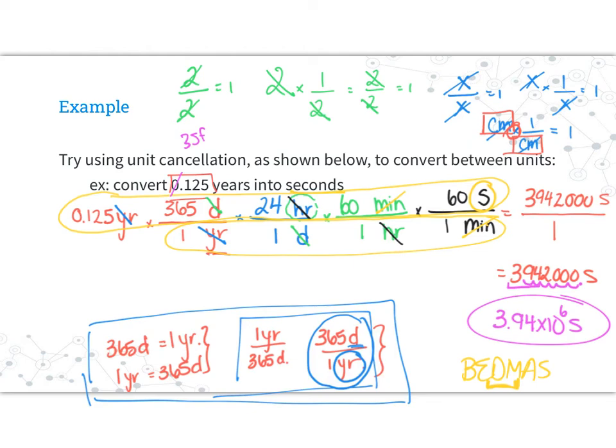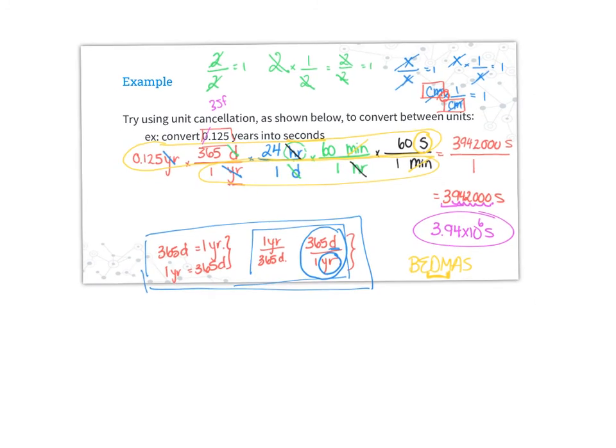Now, one thing to note, we could have, in another example, perhaps a number, let's say 432, and it would have units, and I have to multiply by a few fractions like this. So again, I multiply all the way across the top.